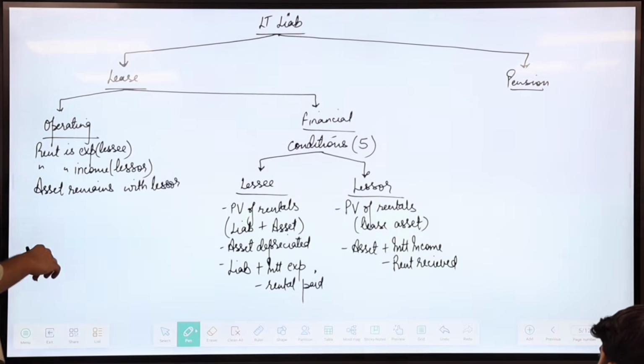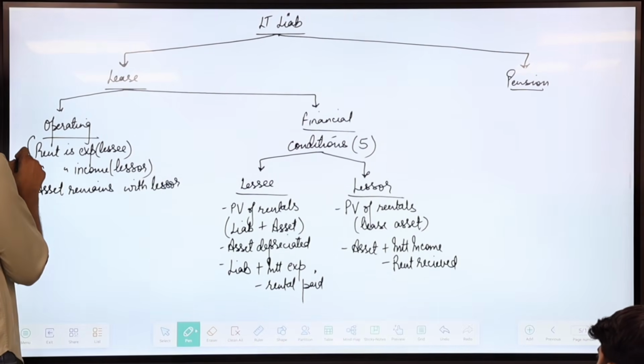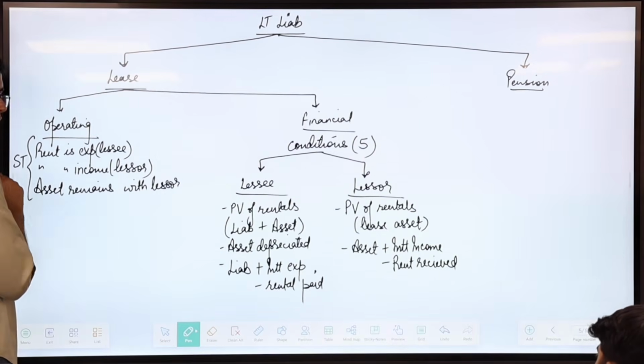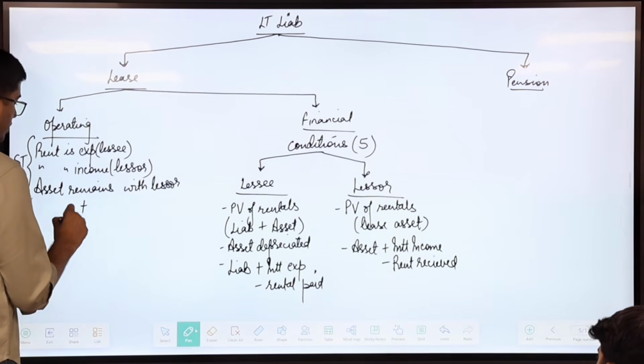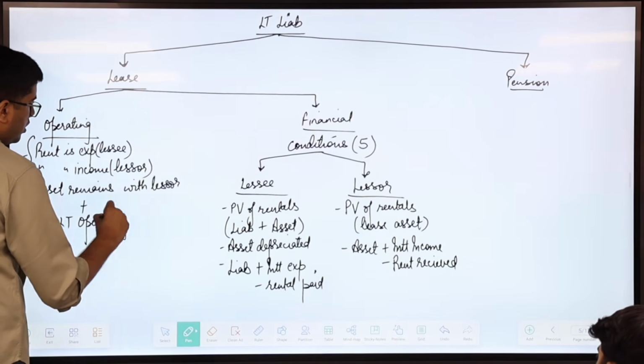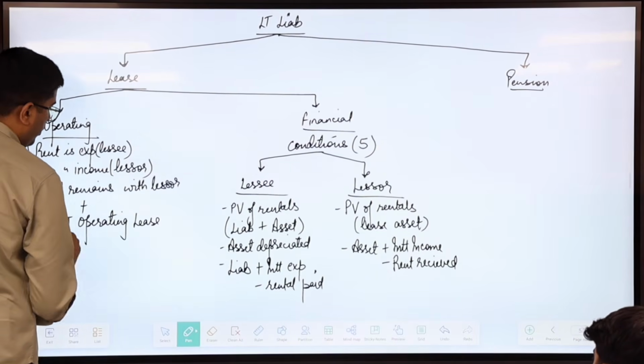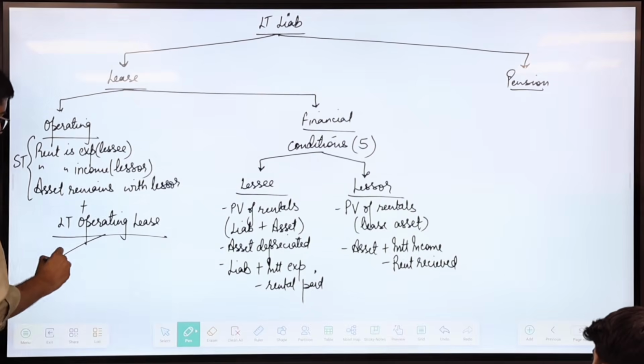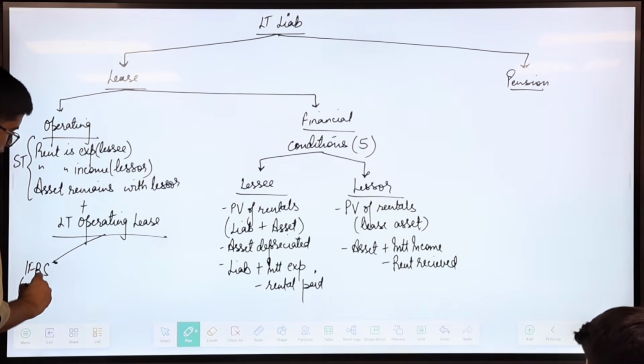But for operating lease, this is the rule if your lease is short term in nature. If you have long term operating lease, for long term operating lease, IFRS says same as financial lease.